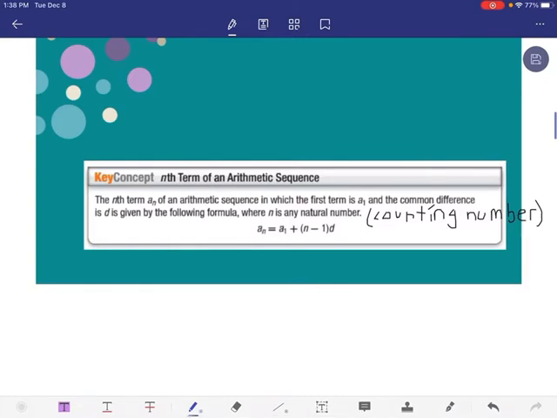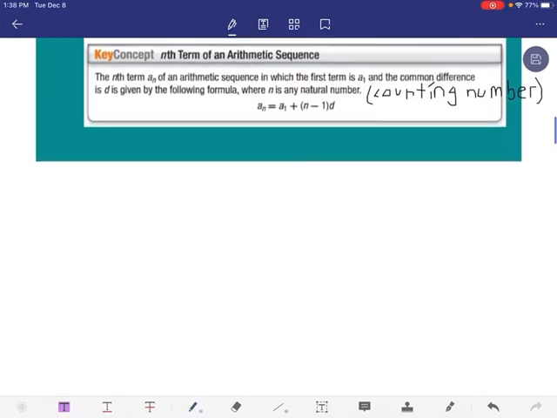But notice that if we wanted to figure out what that constant is, in order to go backwards, we would have to subtract 2 of our terms, and that would be that common difference, or the common constant.